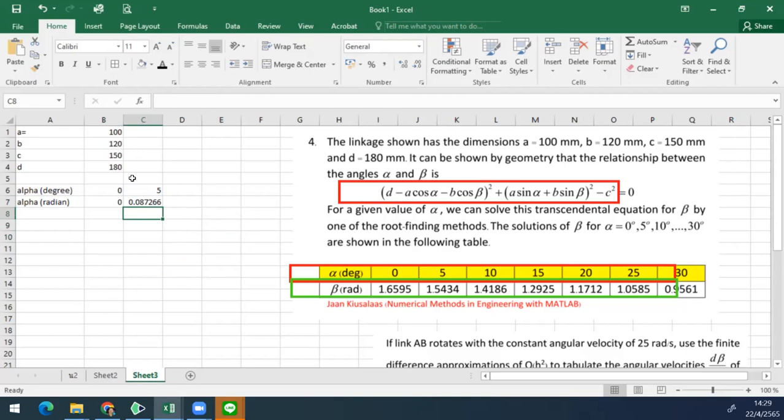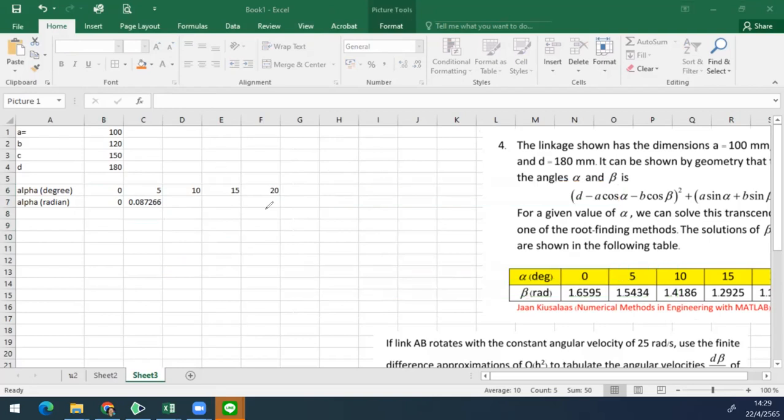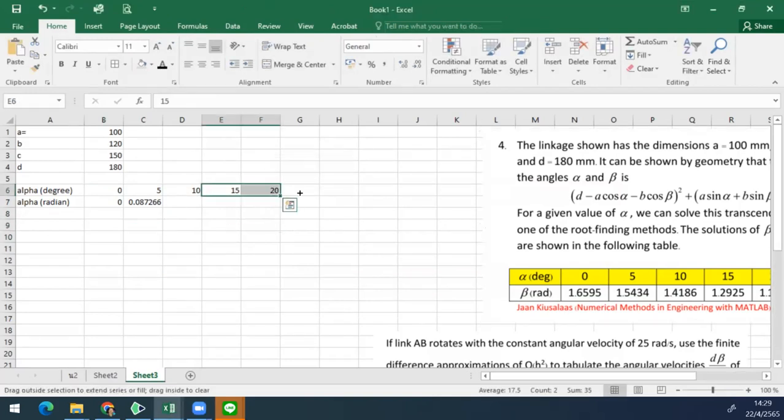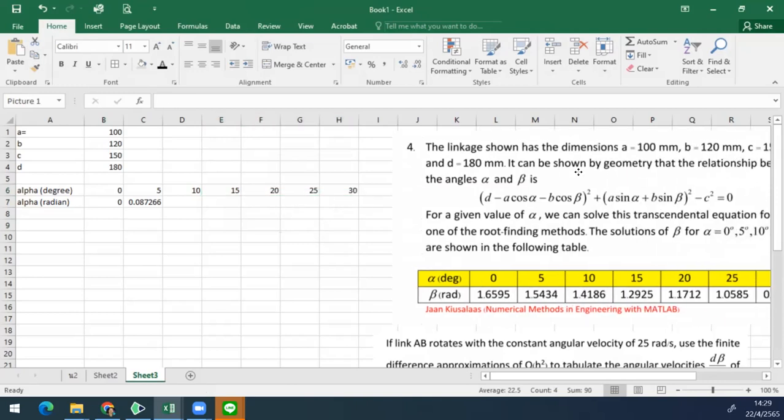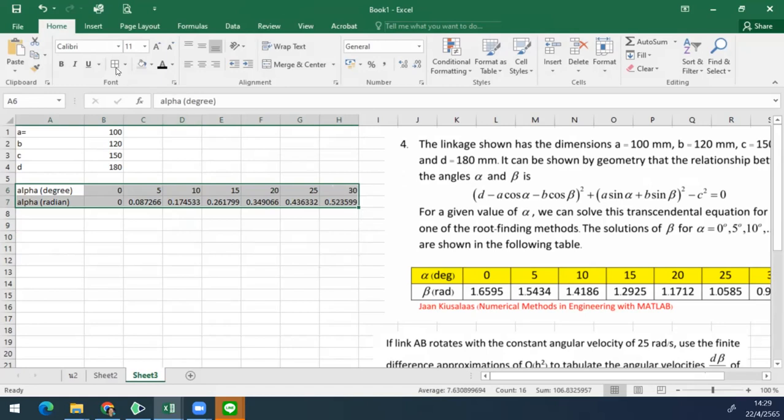For that we may create a table until 30, and then we convert this to radian. We have the angle like this.